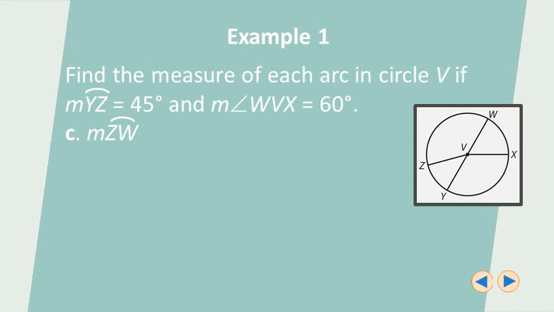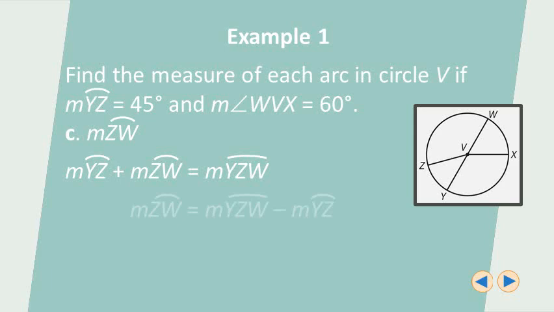In other words, WY is a semicircle, YZ is 45, so you subtract that. So YZ plus ZW equals YZW, which we know is a semicircle. So, using the addition postulate, we can simply move YZ over to the other side. 180, the semicircle, minus 45, arc YZ, gives us a measure of 135 degrees.